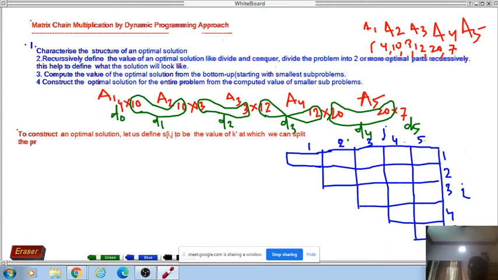That is our main object, where we want to split it, because parenthesization is our important factor.